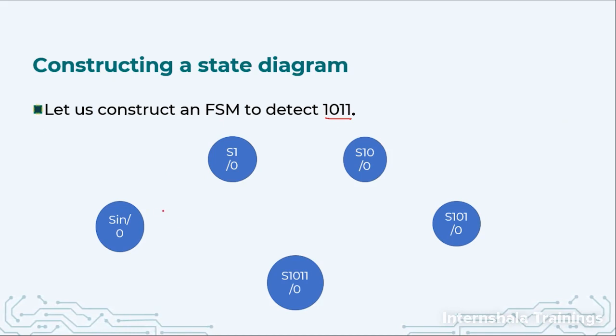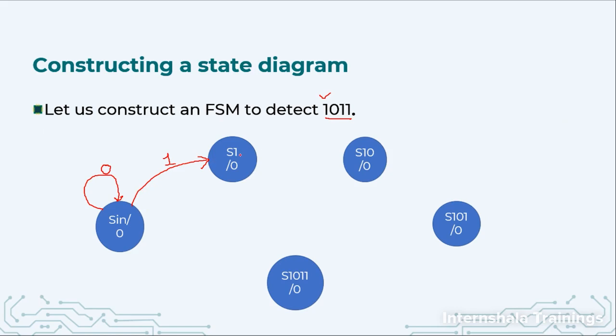Now I have 2 options, whether the next number will be 1 or 0. If I get the number 1, then I get this, which is useful for me, and I will go to this state S1. But if I get 0, then I will remain at the same state.